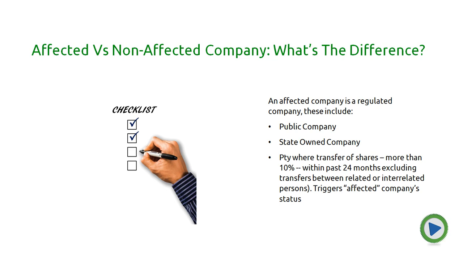Thirdly, if there was a change of ownership within the past 24 months where more than 10% of your shares were sold to another person who is not related or connected to you, then you will be deemed, and this triggers the status of affected company. So for all intents and purposes, we are not affected companies, if you look at it.